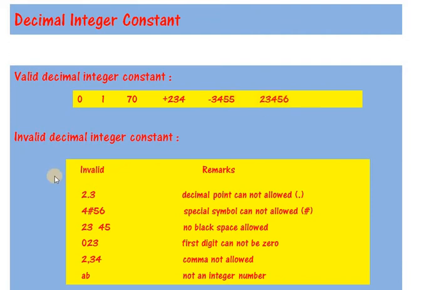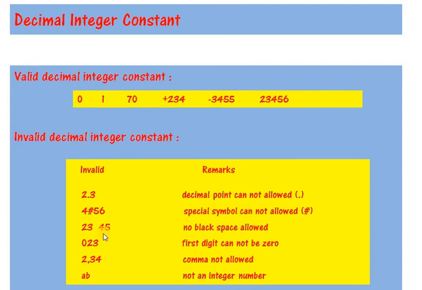Now some invalid decimal integer constants are: 2.3, decimal point is not allowed. 4#56, special symbol is not allowed; here hash is a special symbol.